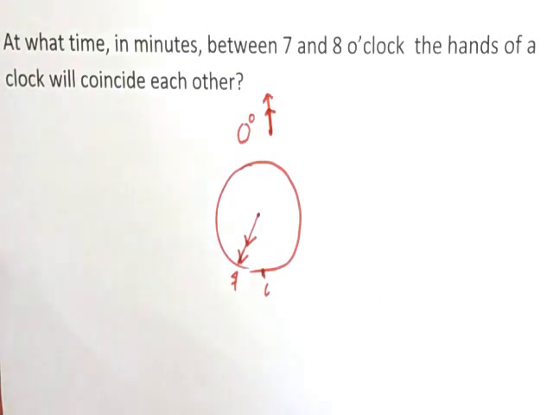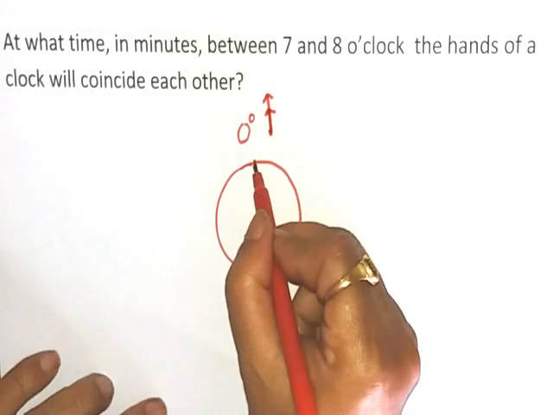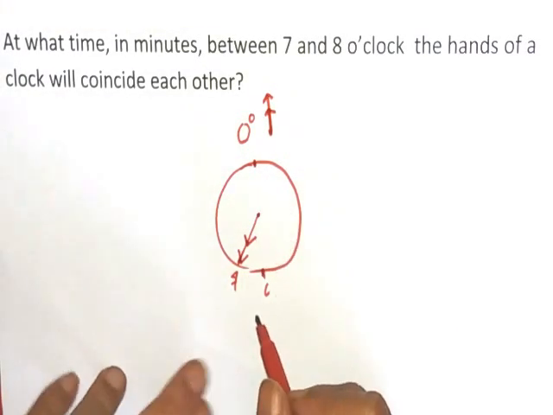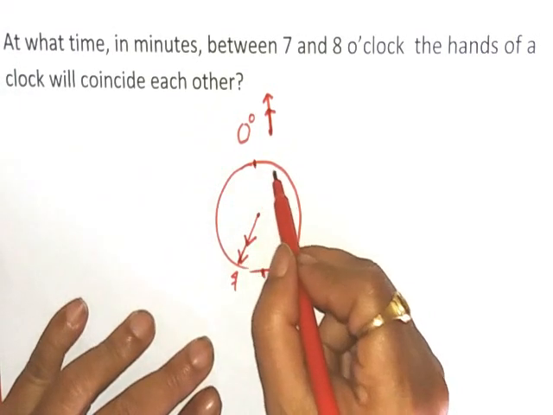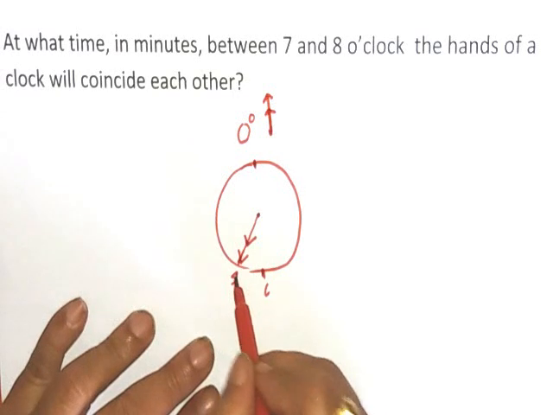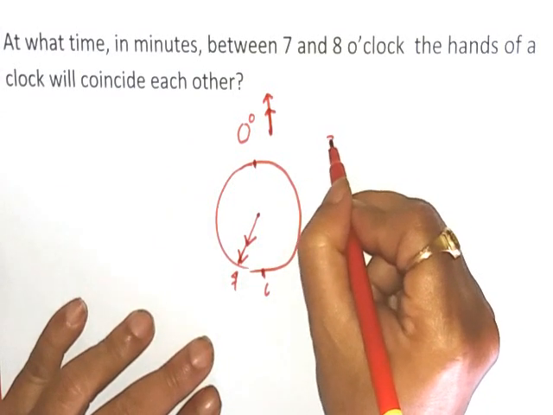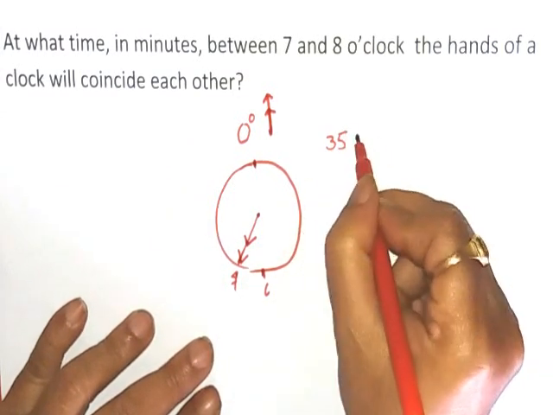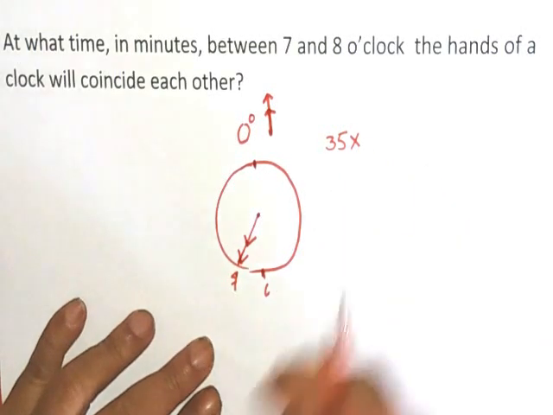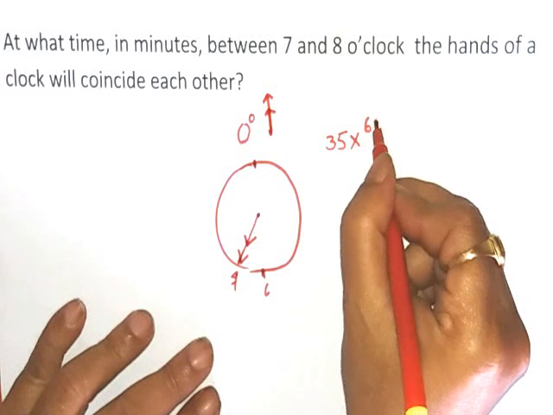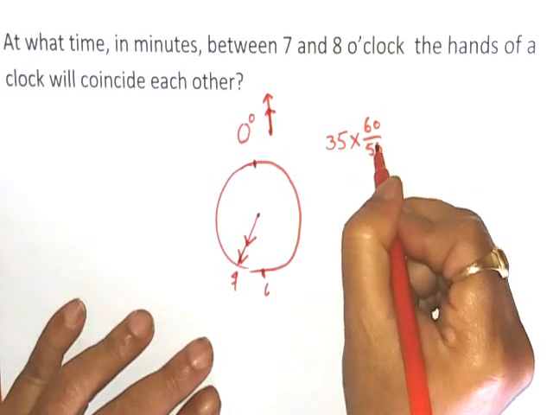So again what we have to think is how many minutes the minute hand traveled. The minute hand started from here 12, and it traveled here, that means 35 minutes. The minute hand traveled for 35 minutes, and we will have to multiply it with a fixed number, what we know, the 60 by 55.